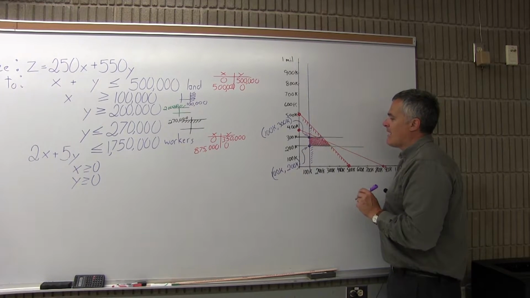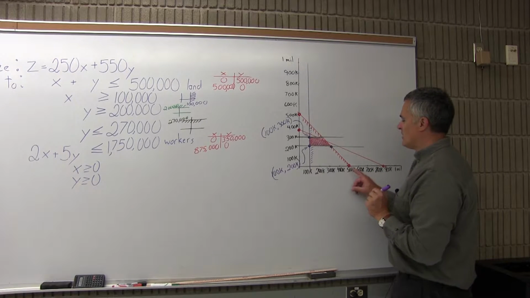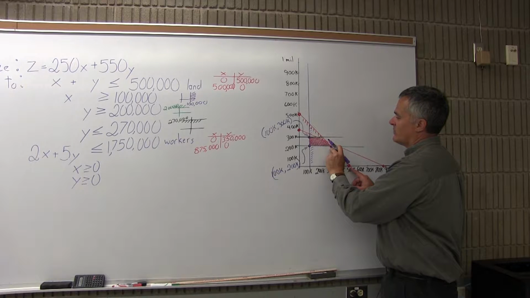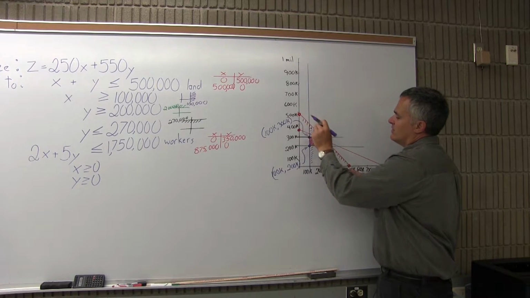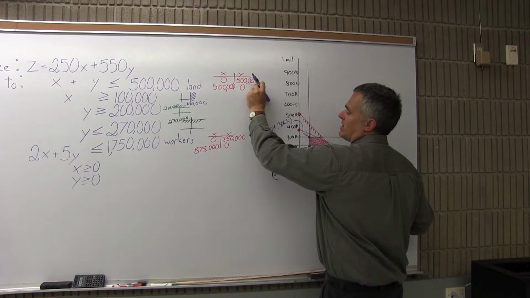Now, I also have an intersection with the green line and one of those two red lines, the red line that goes to 500,000 on either end. The green line and the red line that goes to 500,000 on either end make a point of intersection. The red line that goes to 500,000 on either end is the amount of land.